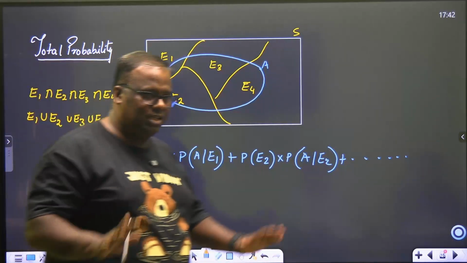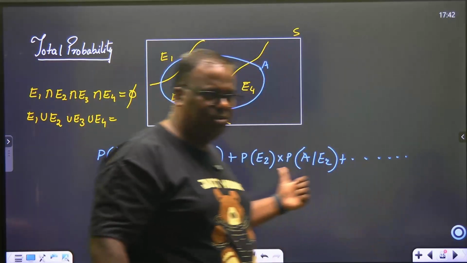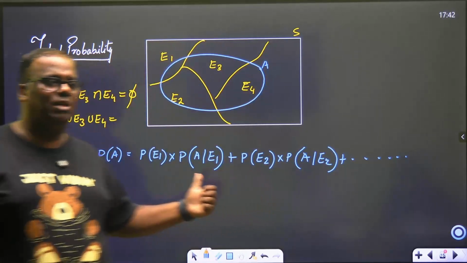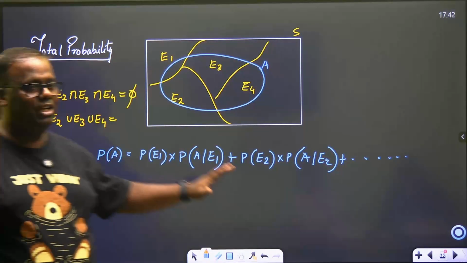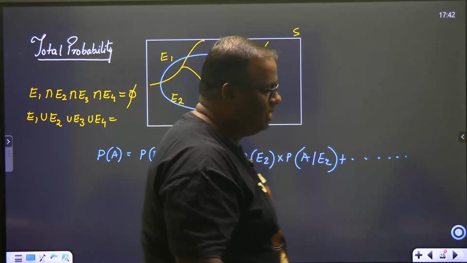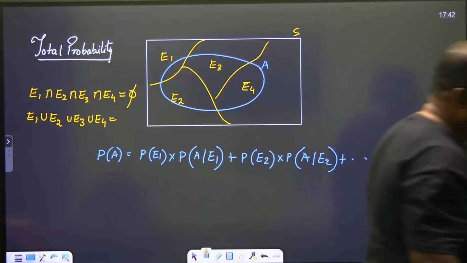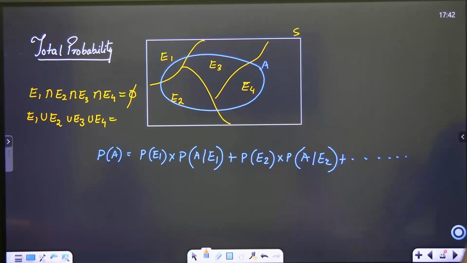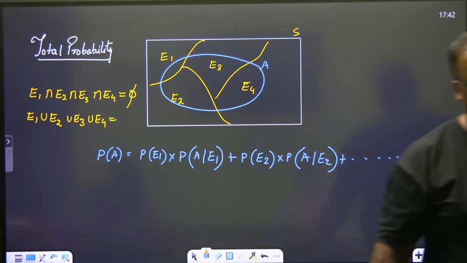Let us take some more logic. You want to write this down? The total probability. Just draw this diagram and give yourself an understanding that there is a sample space S and there are E1, E2, E3 as disjoint events.